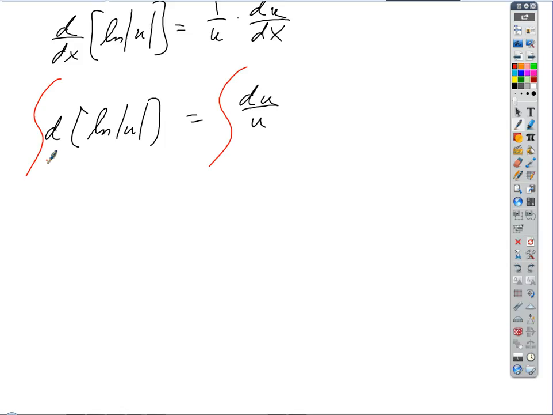And so we end up with the antiderivative of du over u equals natural log u to within a constant, right? Make sense? Okay.